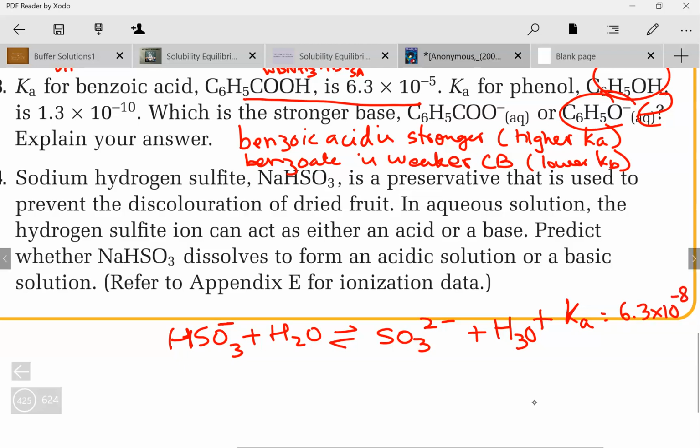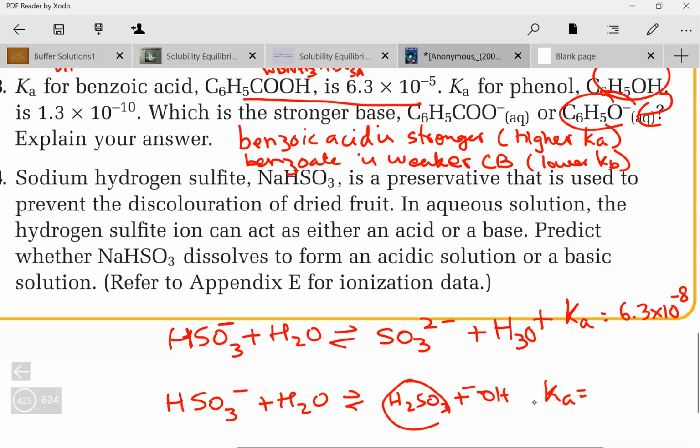You won't be asked this question because it's technically in the polyprotic acids kind of deal, but it's not really too hard. This can also act as a base to give me H2SO3 plus OH minus. And here I have to do the reverse calculation because I'm given Ka of this acid in my chart, which is 1.4 times 10 to the negative 2.